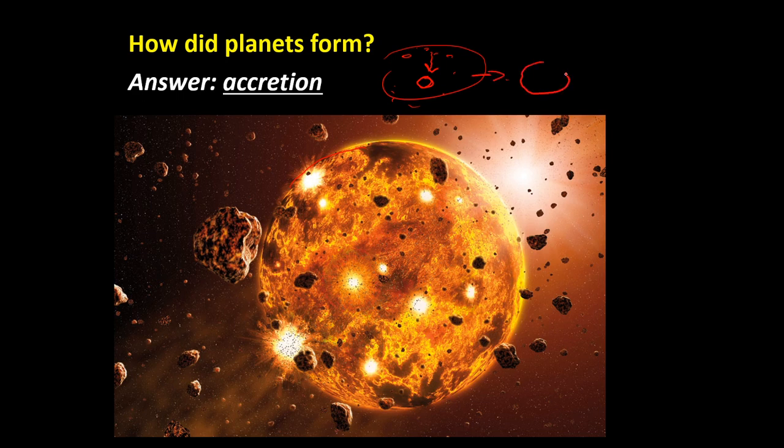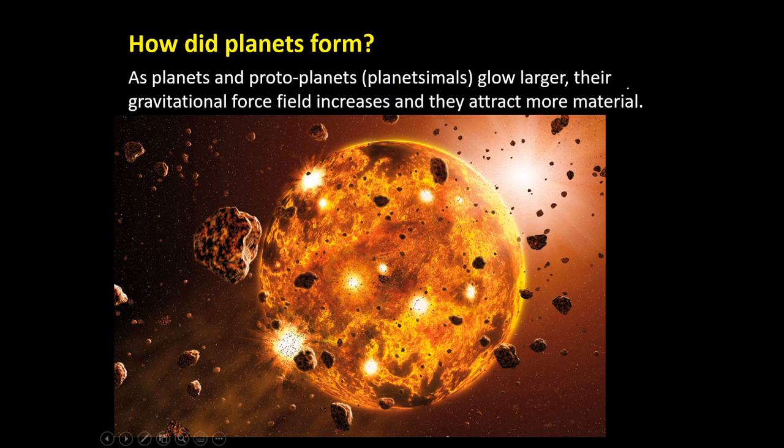It gets bigger, and when it gets bigger, it has a higher gravitational attraction, and it's able to suck up things that are even further away. It gets even bigger, right? So that's what's going on. It's a snowball effect. As the planet's mass grows, it's able to suck up material that's further and further away, and it becomes larger and larger.